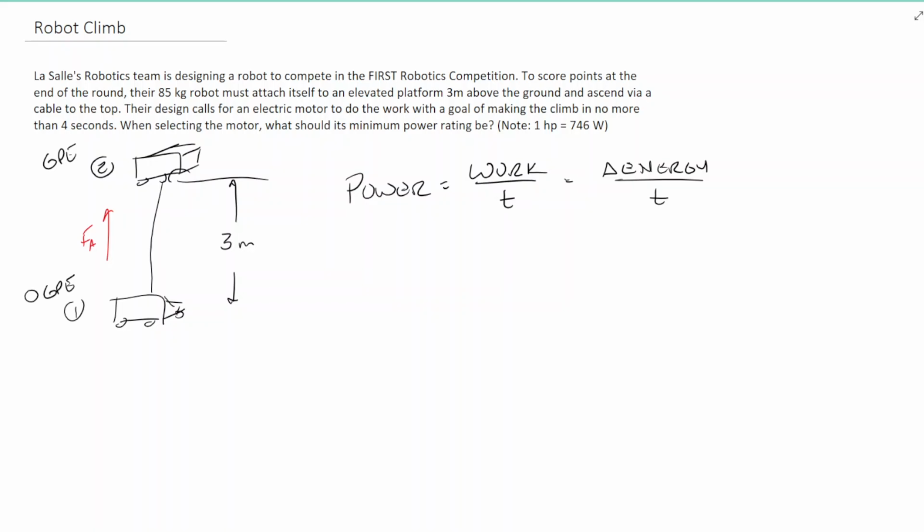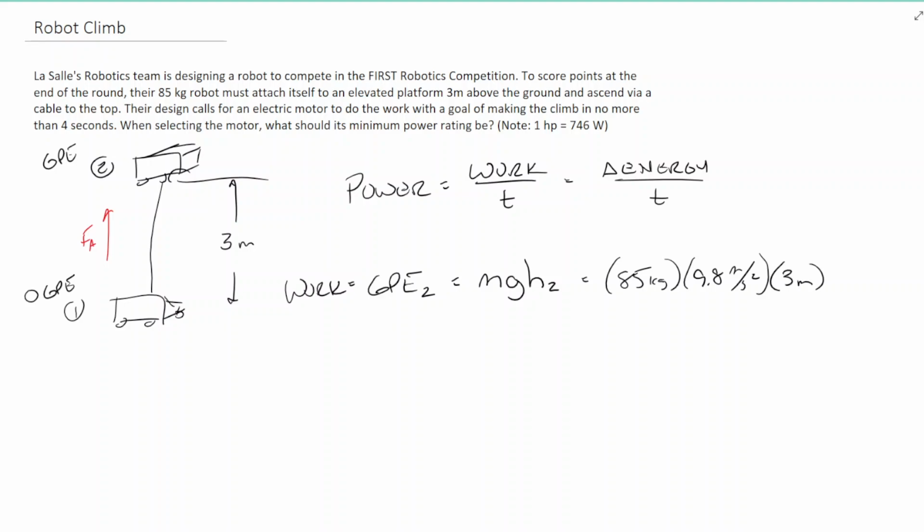And that work done is the GPE at position 2, which would be the mass of the robot times gravity times the height at 2. So we can calculate the work done, or the change in energy. This would be the work. It's equal to the mass of the robot, 85 kilograms, times 9.8 meters per second squared, times the height of 3 meters.